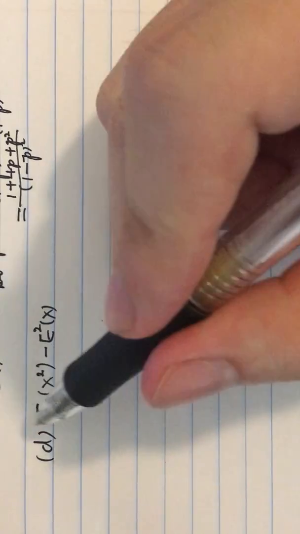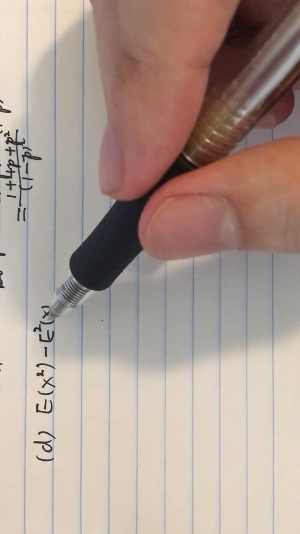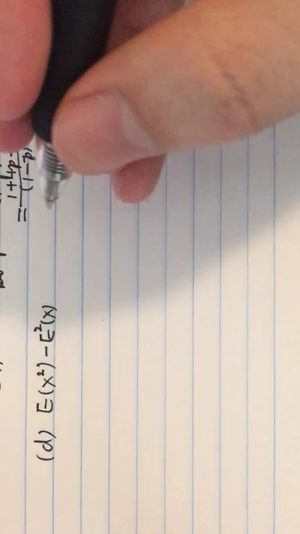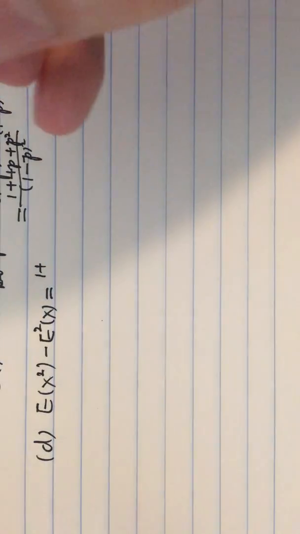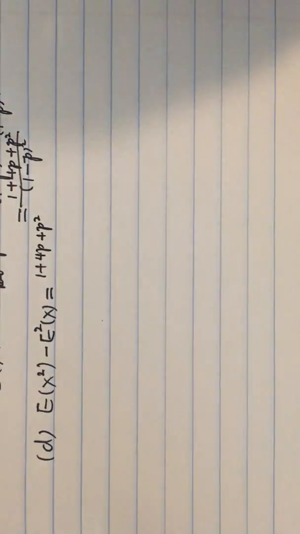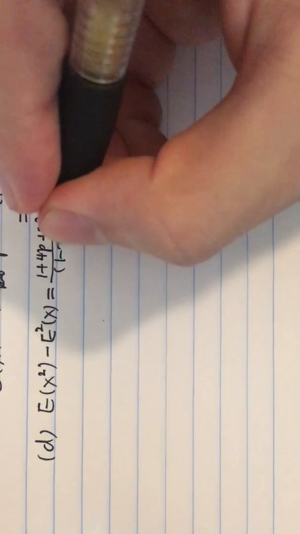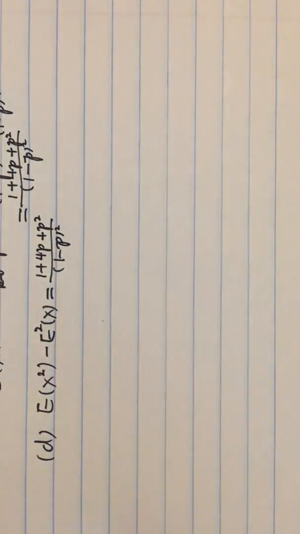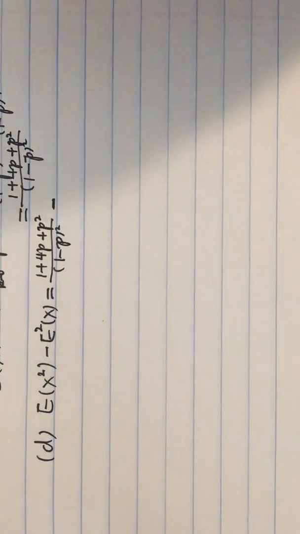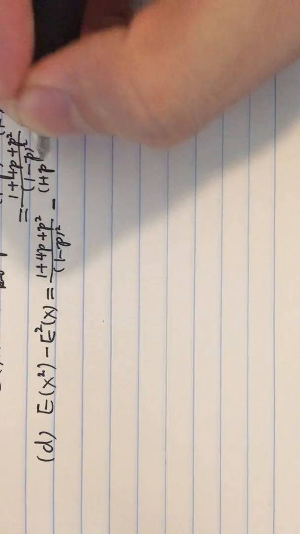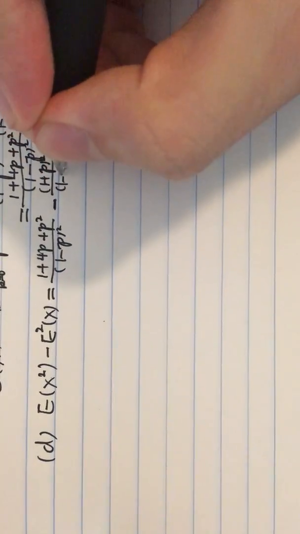This should be easy because we already know E[X^2] and E[X], so it's just a calculation: 1 plus 4 times p plus p to the power 2 over 1 minus p to the power of 2, minus 1 plus p to the power 2 over 1 minus p to the power 2.